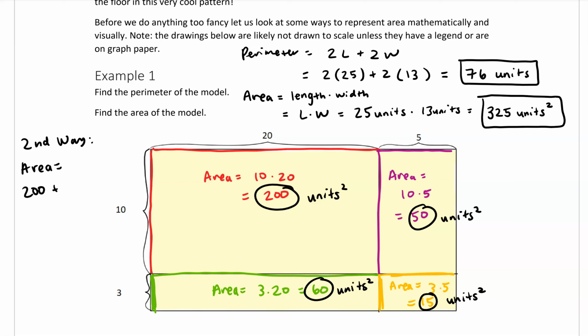Okay, so we have 200 plus 50 plus 60 plus 15. 200 plus 50 is 250, plus 60 is 310. And then 310 plus 15 is equal to 325 units squared. Oh, look, that matches up. So this value and this value are the same, which tells us that we probably found the area correctly.